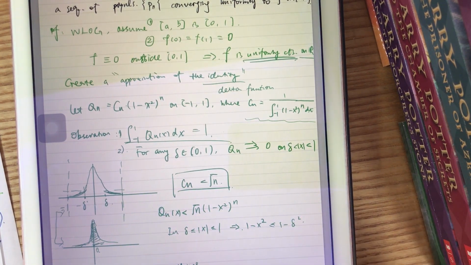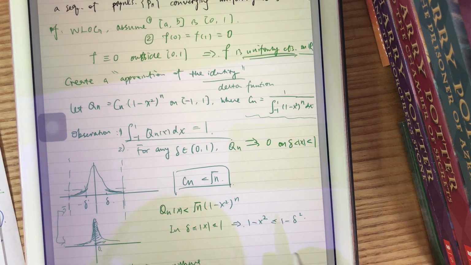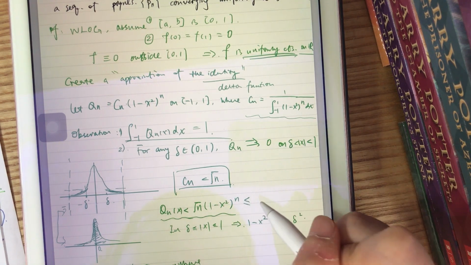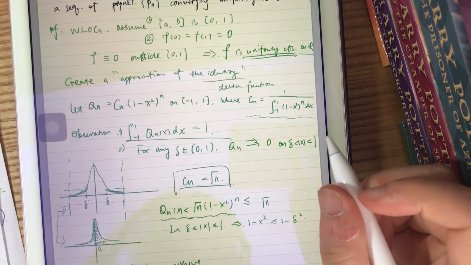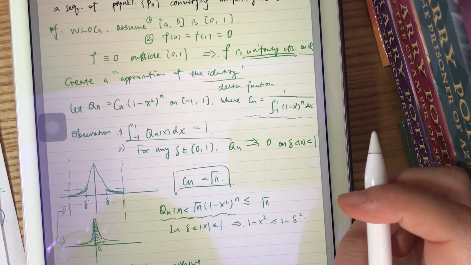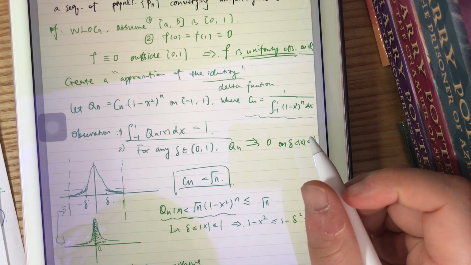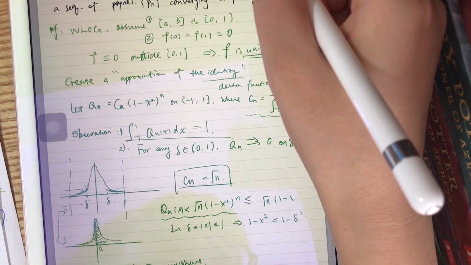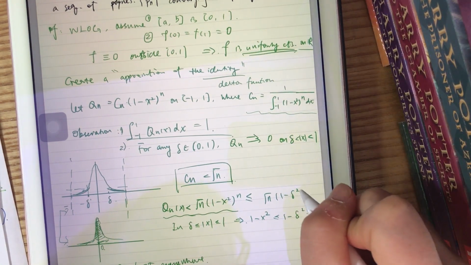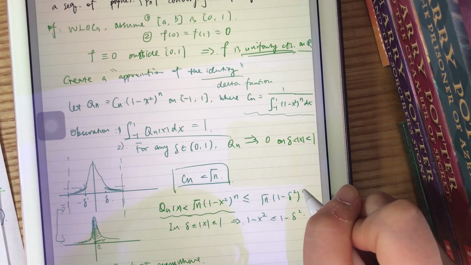This is pretty simple. So after this inequality, we also get Qn smaller than the square root of n times (1 minus delta squared) to the power n, right?